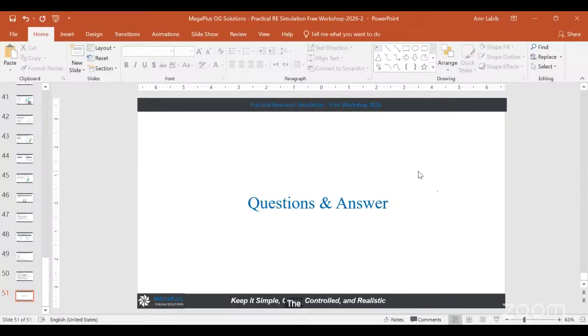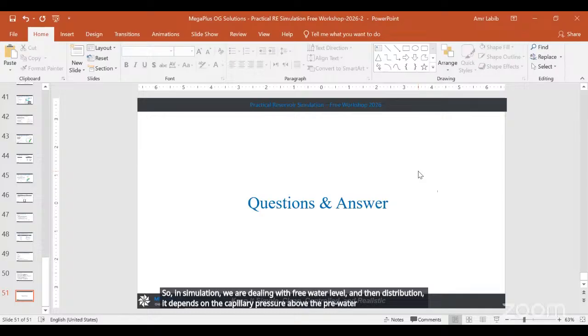The simulator does not understand what oil water contact means. In Petrel or any navigator, you can find it called oil water contact or gas oil contact, but how the simulator translates it to itself, it understands it as a free water level. So in simulation, we are dealing with the free water level, and the distribution depends on the capillary pressure above the free water level.